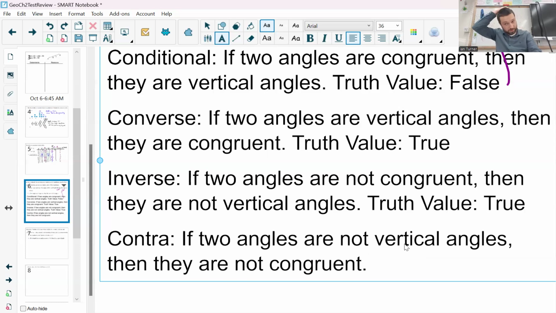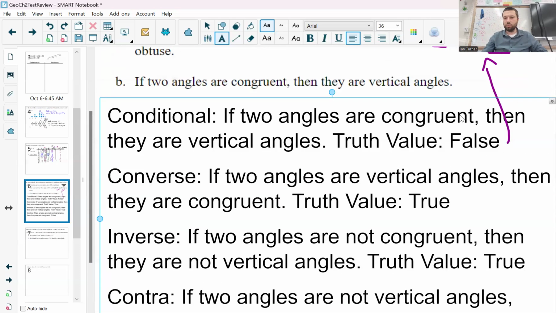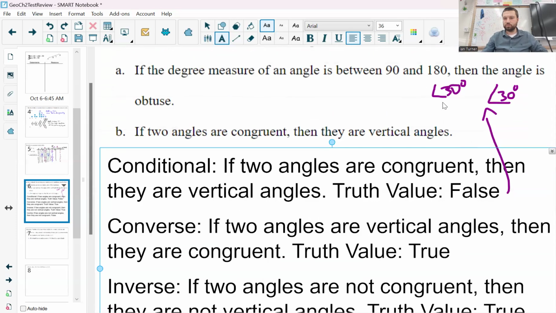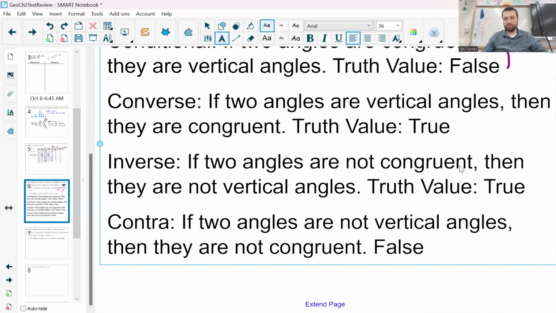Okay, if two angles are not vertical, then they are not congruent. And this is false, right? Similar to the example we gave earlier, we could draw a little picture and do another counterexample like that.